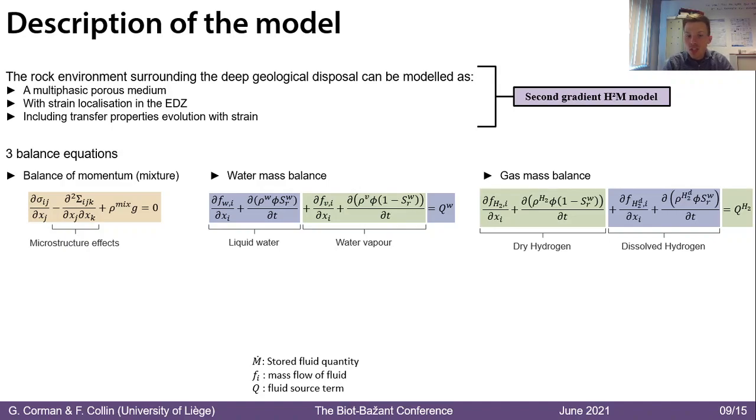Then the second equation is the water mass balance equation, where water is considered both in the form of liquid water and water vapor. And the last equation is the gas mass balance equation, where hydrogen is similarly present in the form of dry hydrogen and dissolved hydrogen. And in these last two equations, a term is linked to the mass flux, and another one is linked to the variation of storage, with Q being the source term.